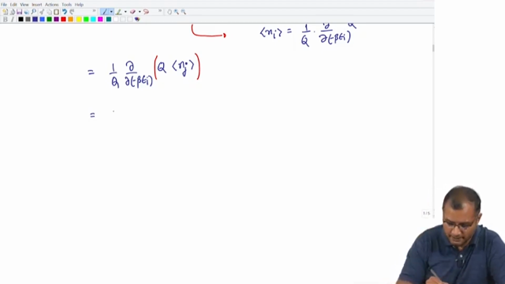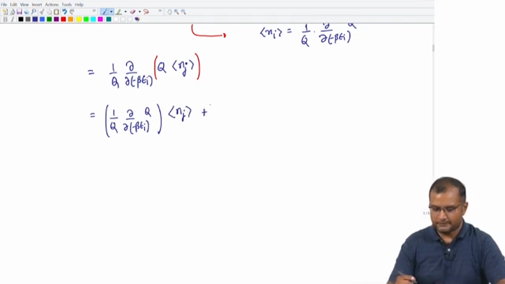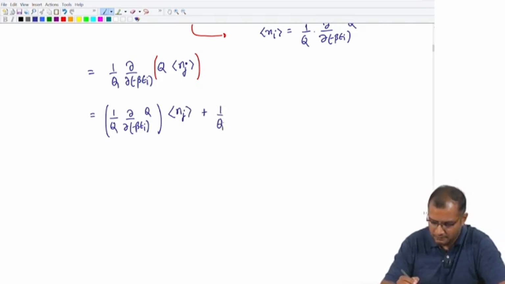So, the first term would become, if you apply the chain rule straight away, the derivative of the partition function times Nj, plus 1 over q of the derivative of the average occupation number times q.